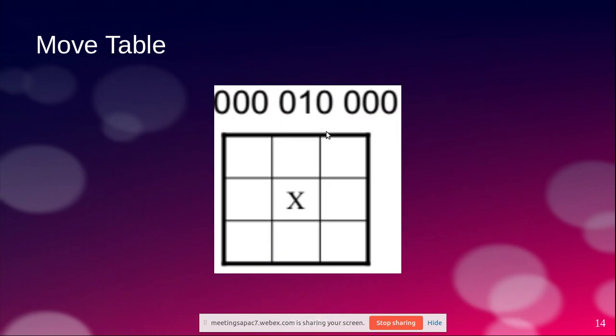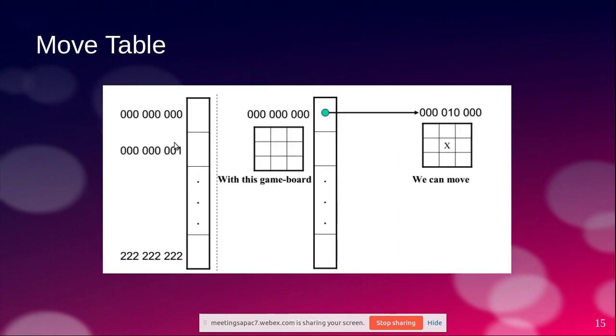So that's how it looks: 0 0 0 0 1 0 0 0 0. And that's how the table looks. This is the present state, and that's the next state. So it is a present state, all blanks, all zeros. The next state is going to be this. So this is for us to understand, nothing to do with the machine. The machine understands only these things. It doesn't understand this 3 by 3 grid and all that.